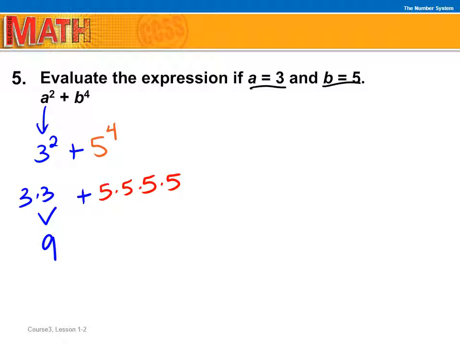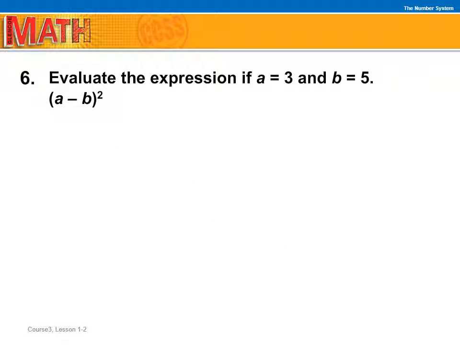We can go with 25 times 25. 25 times 25 is 625. Add 9 plus 625, we get our answer of 634.